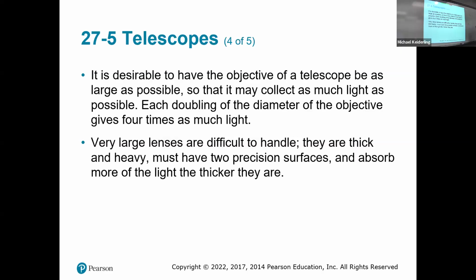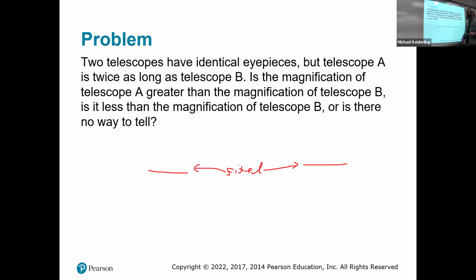And length is the focal length of the objective plus the focal length of the eyepiece. So if you have two telescopes with identical eyepieces, but telescope A is twice as long as telescope B, is the magnification of telescope A greater than the magnification of telescope B, less than the magnification of telescope B, or is there no way to tell?